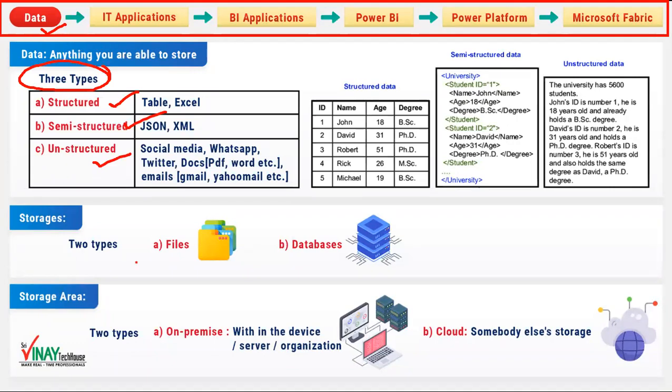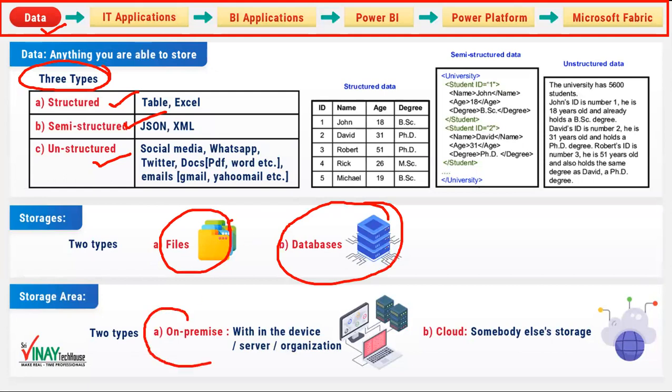And we have 2 types of formats. Some people store in file format, some people keep database format. And this data is in 2 storages, on-premises storage within the company level or cloud storage. I explained this about data yesterday in detail.